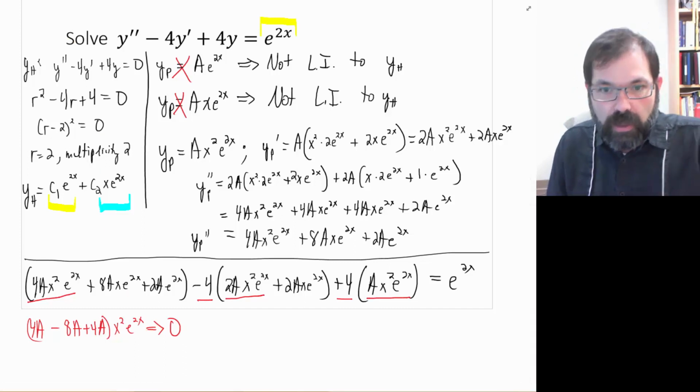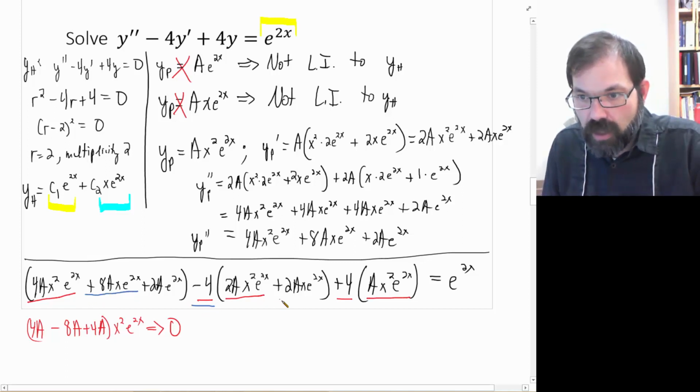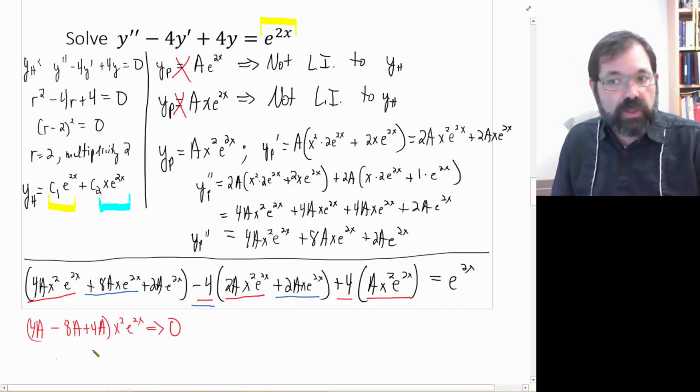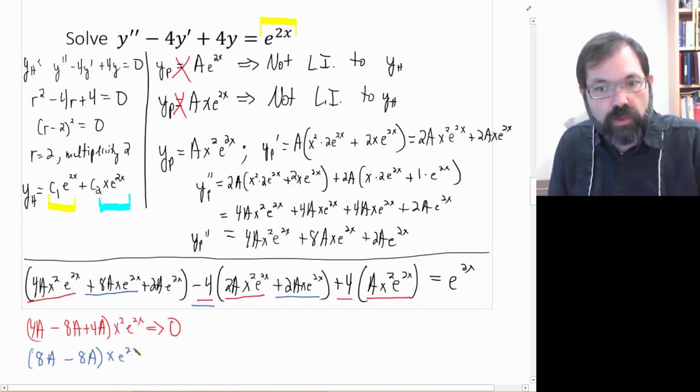All right, that's okay. Now let's look at the x e to the 2x terms. I've got an 8ax e to the 2x and a minus 4 times 2ax e to the 2x. So that's good as well. Notice, that's an 8a minus 8a x e to the 2x. So that's going to go to 0.